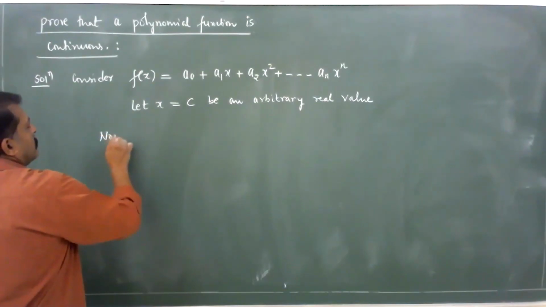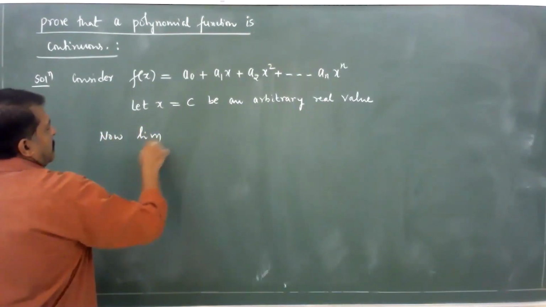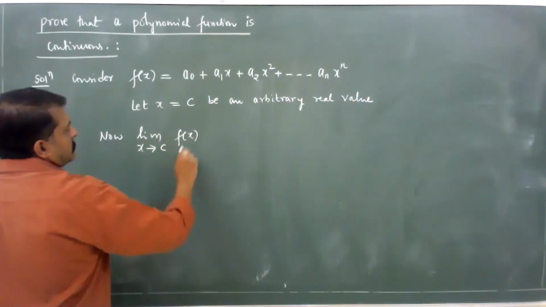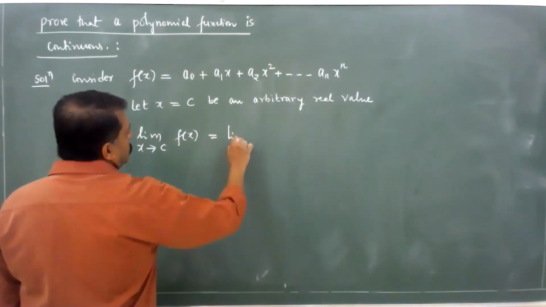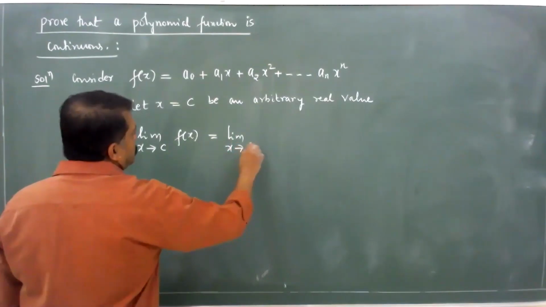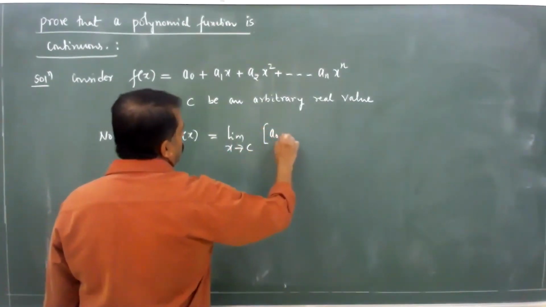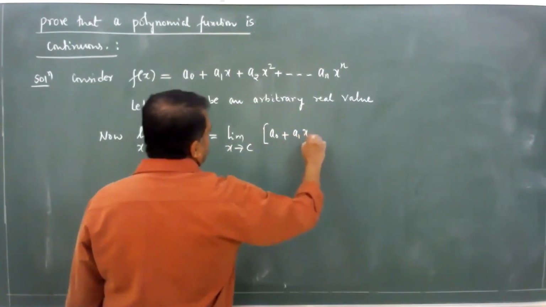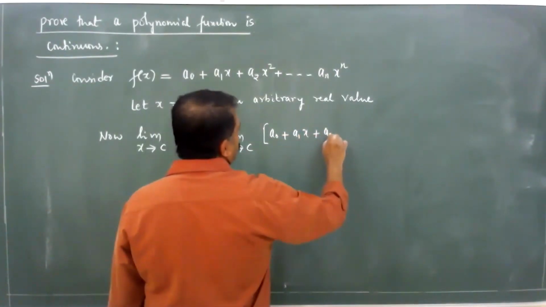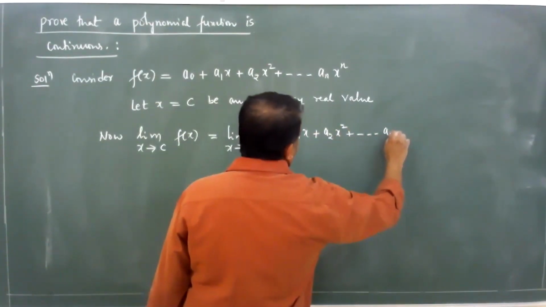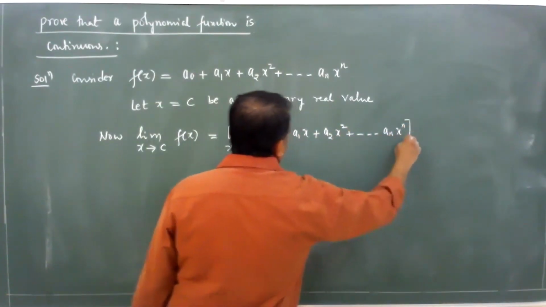Now, let us calculate limit x tends to c of f of x. This is equal to limit x tends to c of a0 plus a1x plus a2x squared plus dot dot dot an x to the power of n.